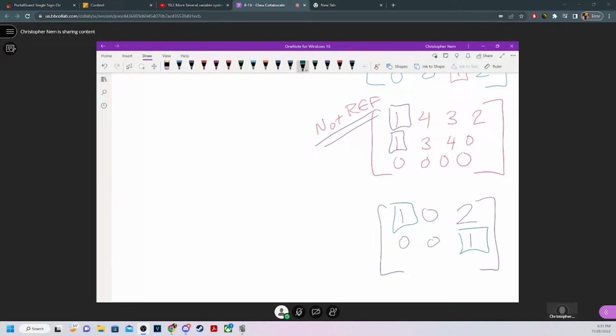Even though they're not adjacent to each other, because I jumped 2 to the right in this case, it is still to the right of the leading entry above. As I'm reading from top row to bottom row, they are moving to the right. So this is in row echelon form.